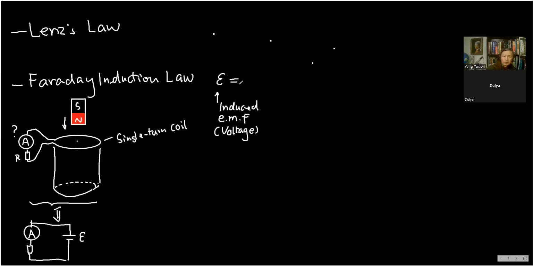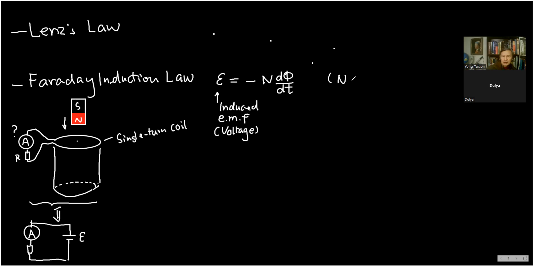According to Faraday's law, you have N multiplied here, but in our case N is equal to 1. Can you write the formula?